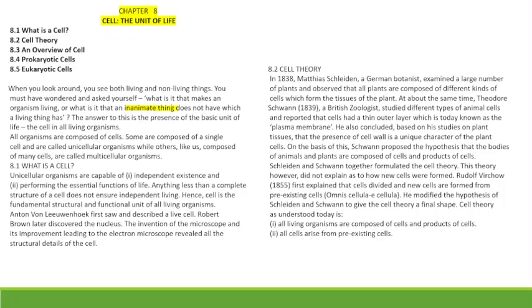The meaning of inanimate thing is the same: inanimate things means the non-living ones. So the question is, what is it that makes an organism living, or what is it that non-living things do not have which a living thing has?